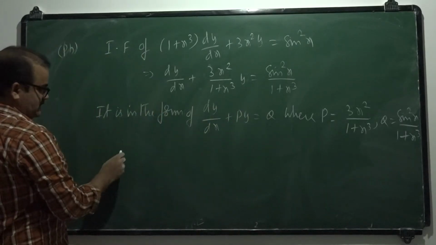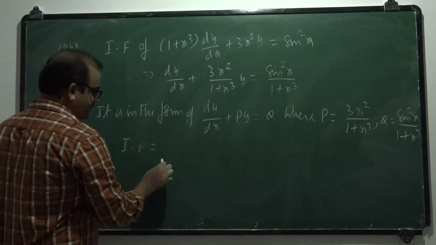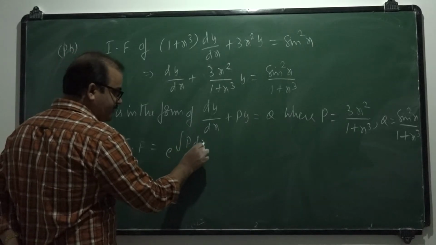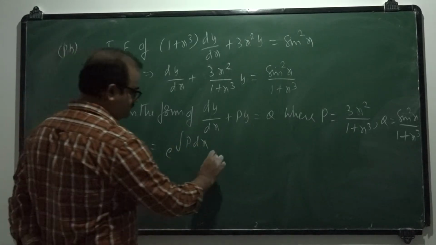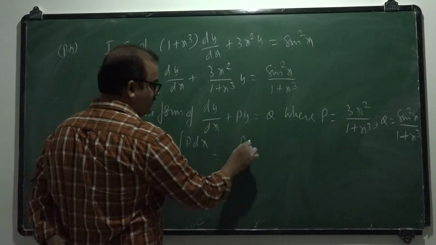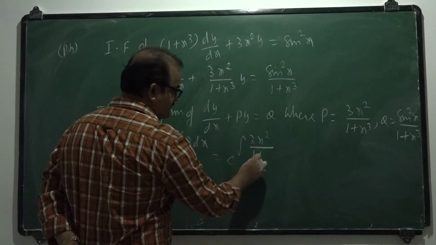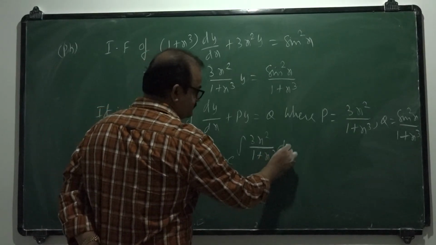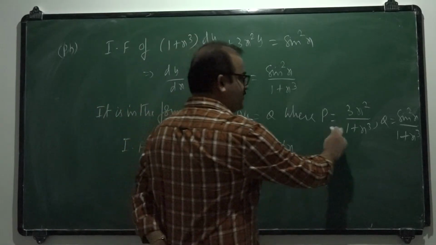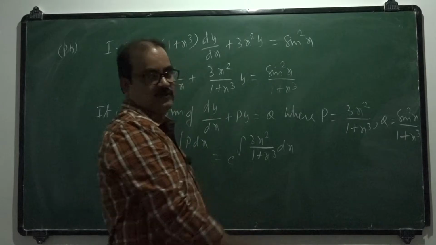To this equation, what is the integrating factor? e to the power of integral p into dx. What is the p value? 3x square by 1 plus x cube into dx. Always p and q are either constants or functions of x only.